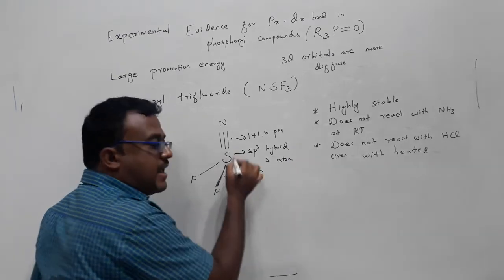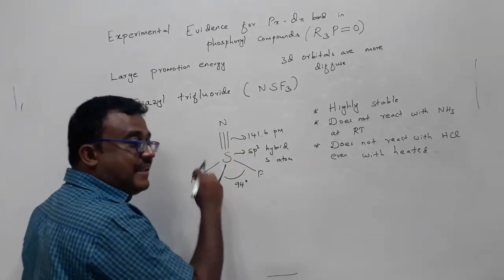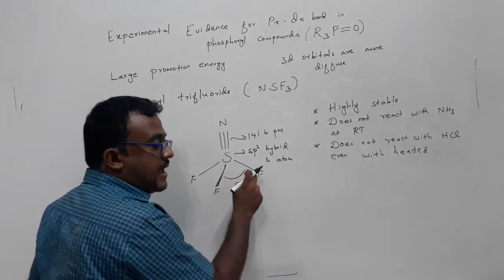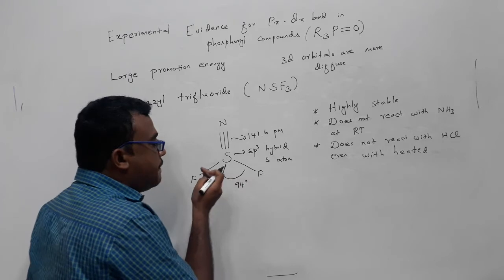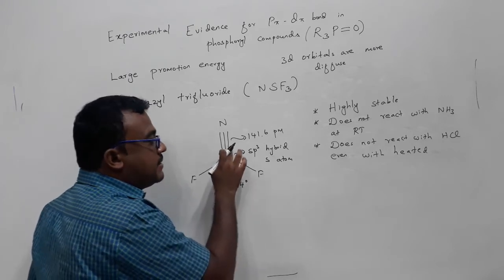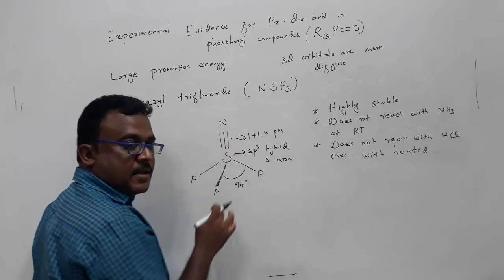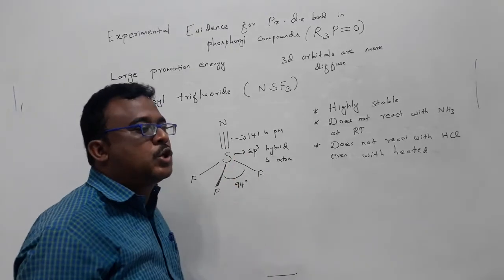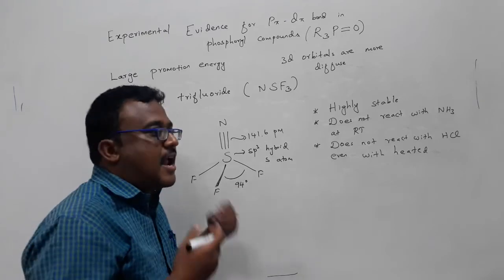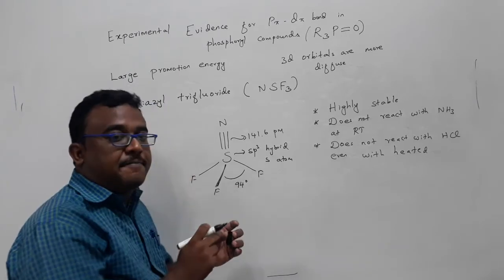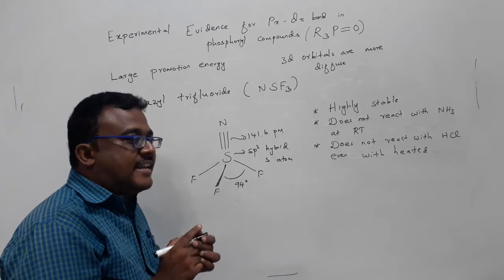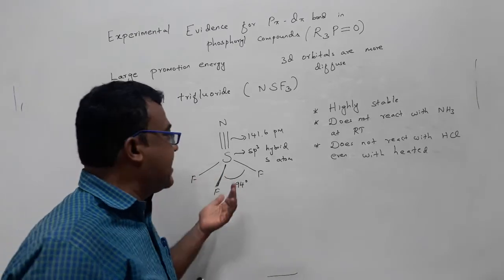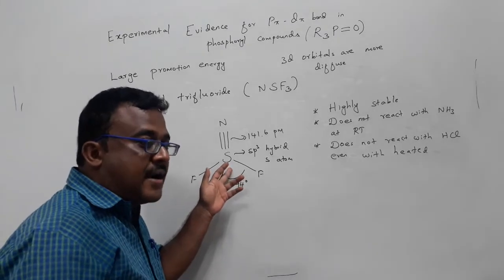If it is sp3 hybridized, it can form 4 sigma bonds by overlapping with p orbitals, and the remaining 2 bonds can be either double bonds, or you can argue they may be dative bonds. That's another option, but a dative bond is not possible here.